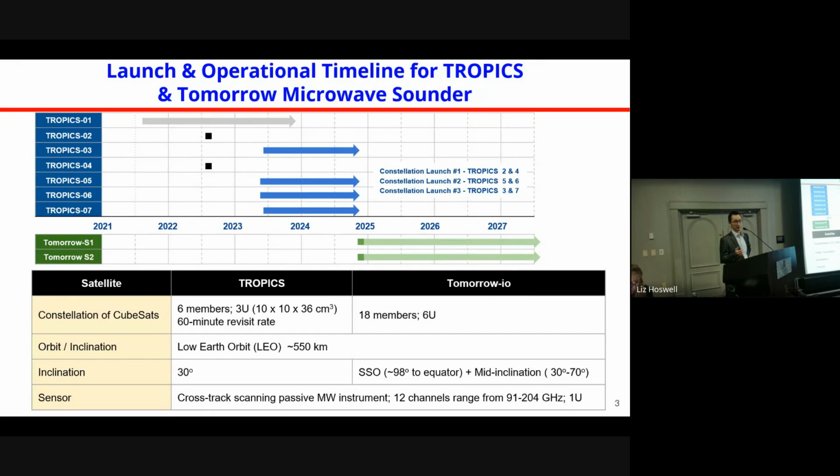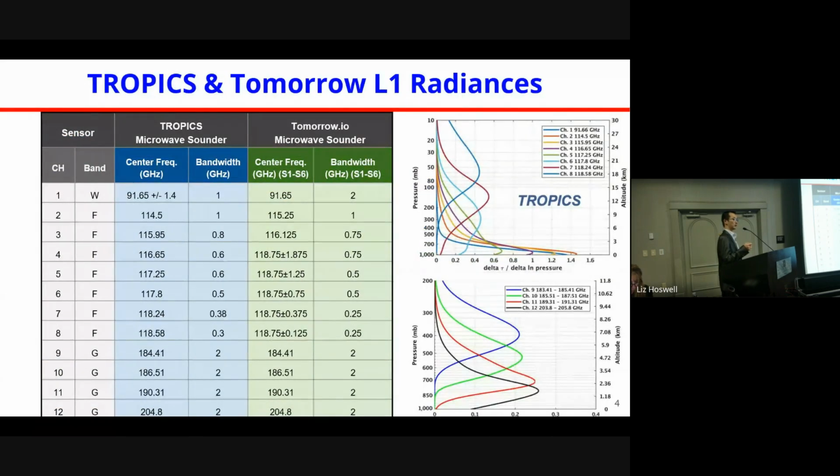Those TROPICS satellites and the TOMORROW.IO satellites share very similar characteristics between the channels. So whatever we learned from these TROPICS observations can be applied to the future TOMORROW.IO for operational uses.